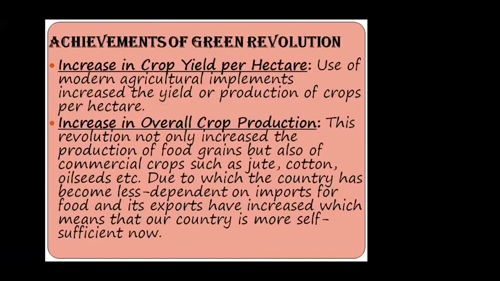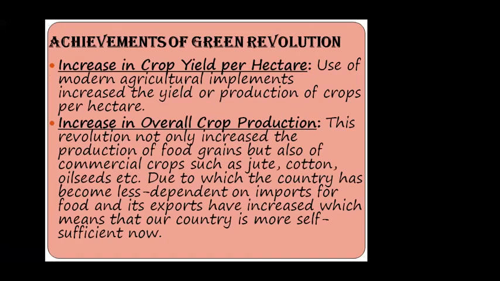What were the various achievements of Green Revolution? Increase in crop yield per hectare. Use of modern agricultural implements increased the yield of production of crops per hectare. Another achievement was increase in overall crop production.